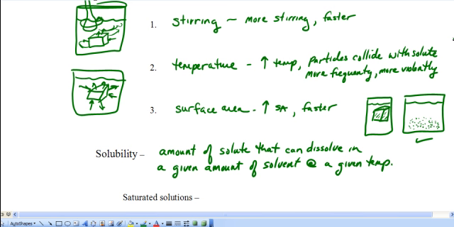Now, usually they're going to report this as something such as grams of solute per 100 grams of water, or if you're dealing with dissolving a gas, the grams of gas per liter of solvent, something to that effect.